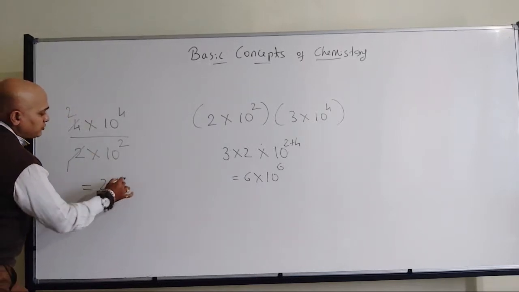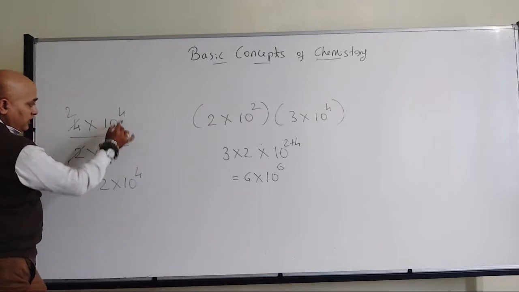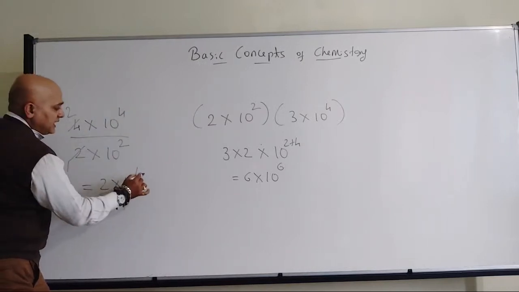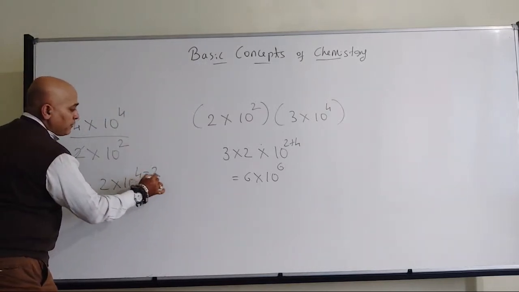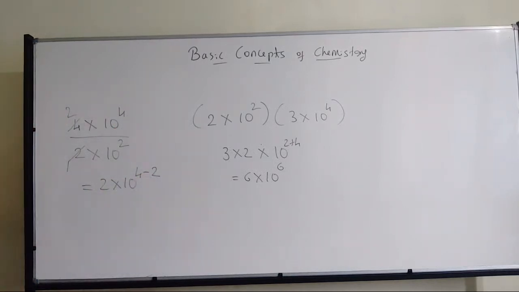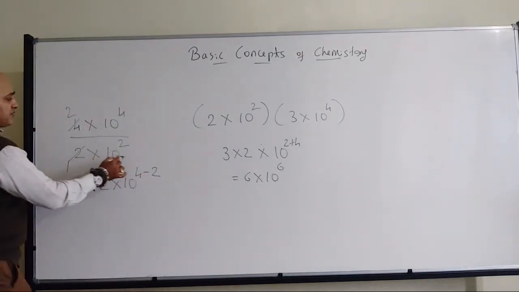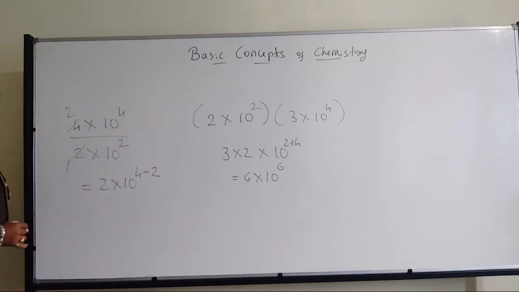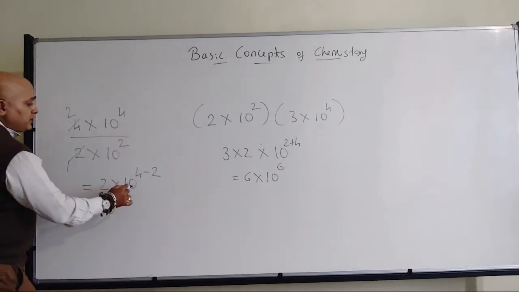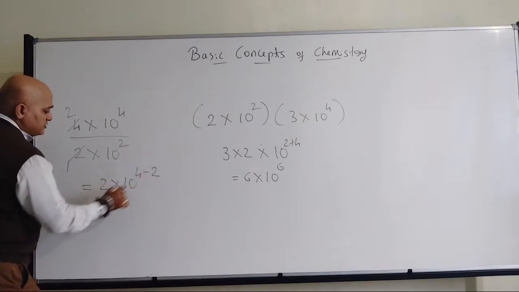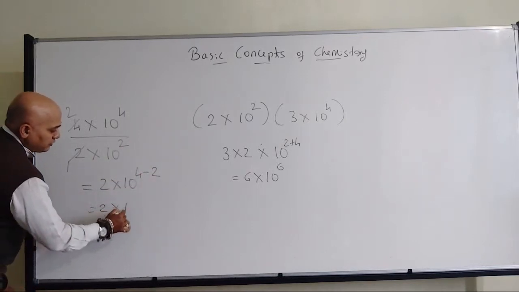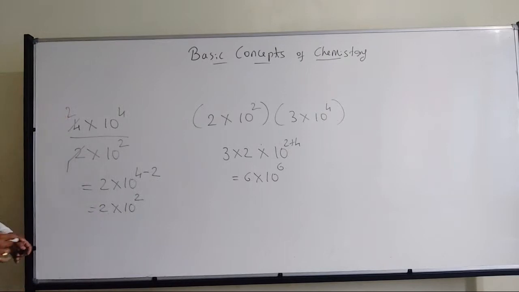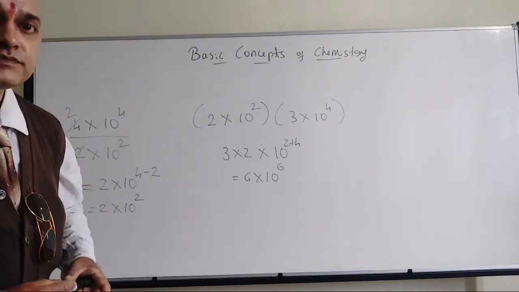So 2 into 10 to the power of 4. This one I am taking up, therefore it will become minus 2. 4 minus 2, because when it goes up, it will become 10 to the power of minus 2. Right? Therefore, 2 into 10 to the power of 4 minus 2, that means 2 into 10 to the power of 2. Fine?